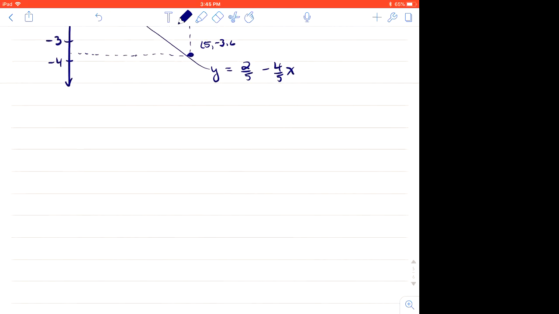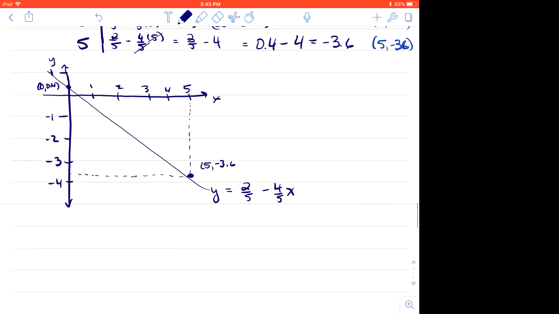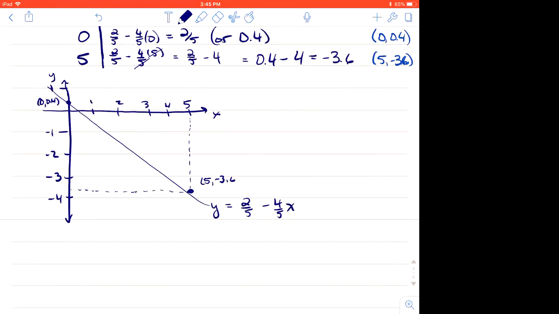We'll leave that for a little bit and come back to it next day. Next day we're going to build on this and say, for our business scenario, y has to be greater than 2 over 5 minus 4 over 5x, meaning the only values that are valid are going to be these.